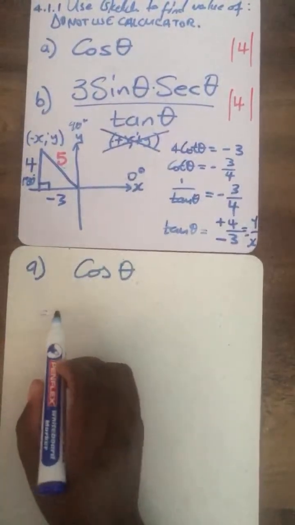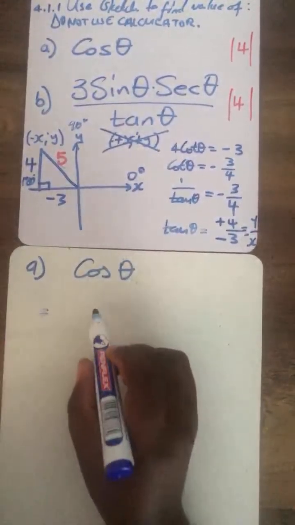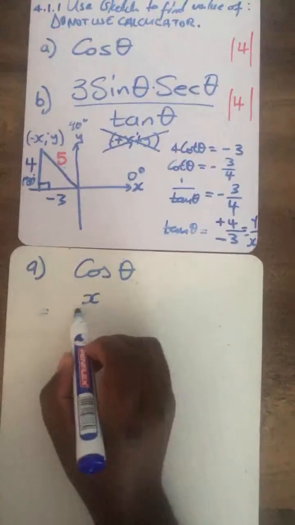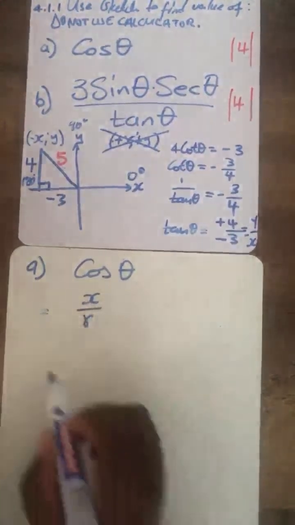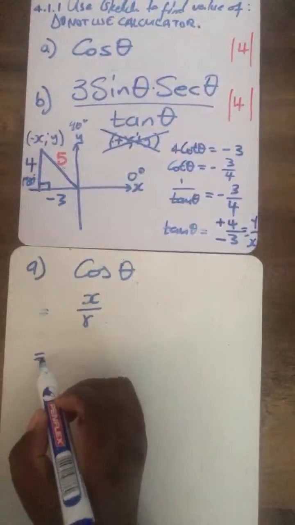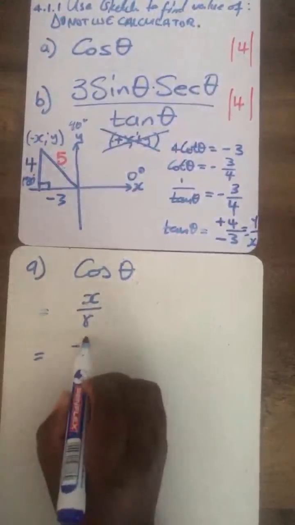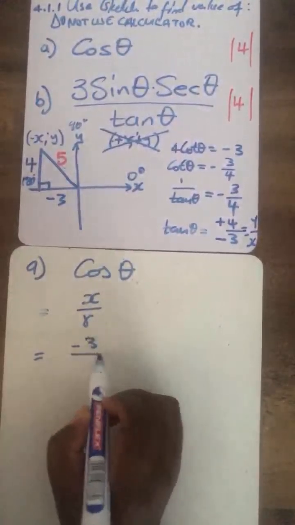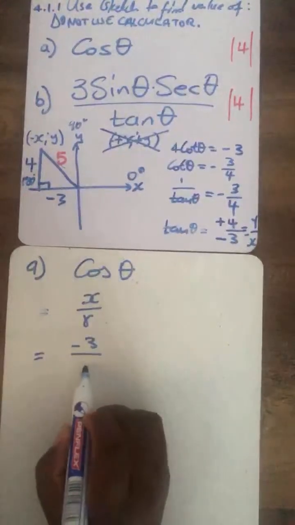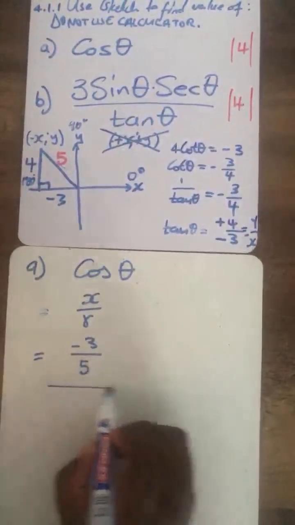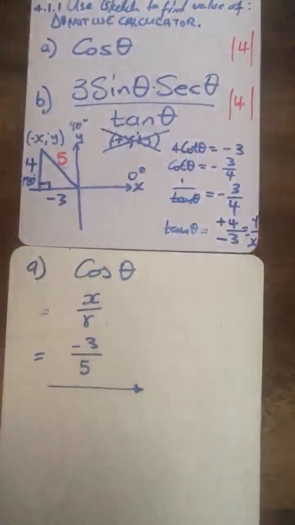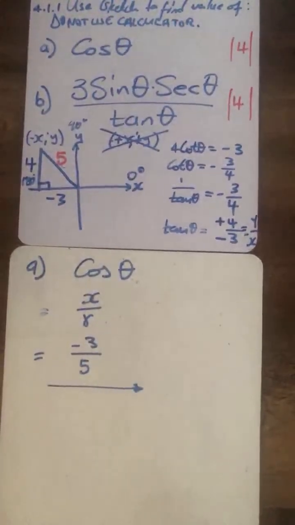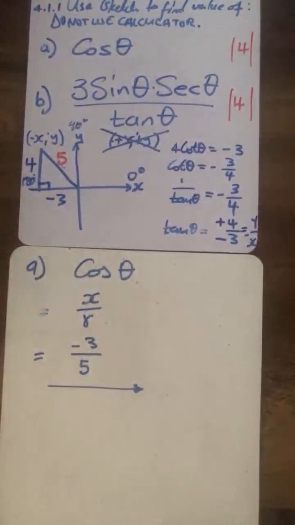And what you know is that cos of an angle is adjacent over hypotenuse. What is your adjacent? It is negative 3. What is your hypotenuse? You just calculated it to be 5. Then you are done. That's it.